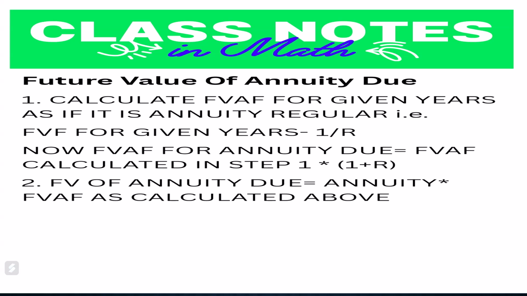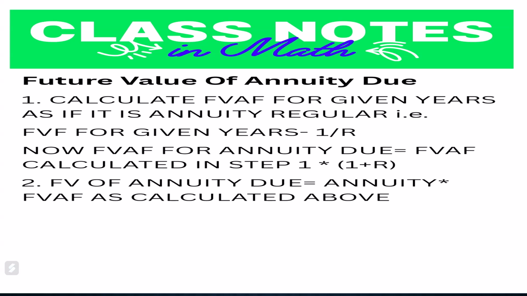Okay, how do we find the future value annuity factor for annuity regular? Now we all know that we have one more extra period to invest in annuity due. So whatever your answer in your future value annuity factor, you have to multiply that answer by 1 plus R. So if your interest rate is 10% and your future value annuity factor is, say for example, 6.10, then you have to multiply your 6.10 by 1.1.